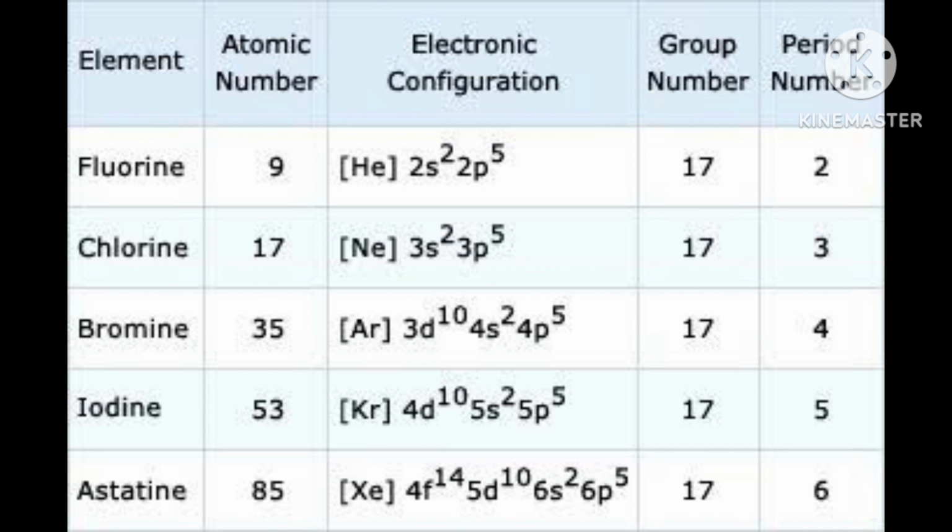Fluorine was minus 333, correct? And iodine is minus 296. The negative value is decreasing, correct?